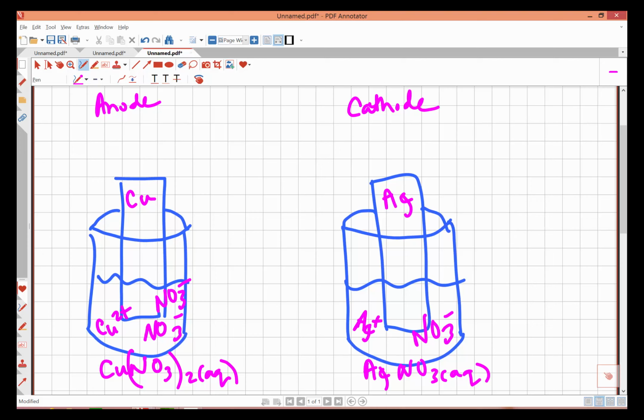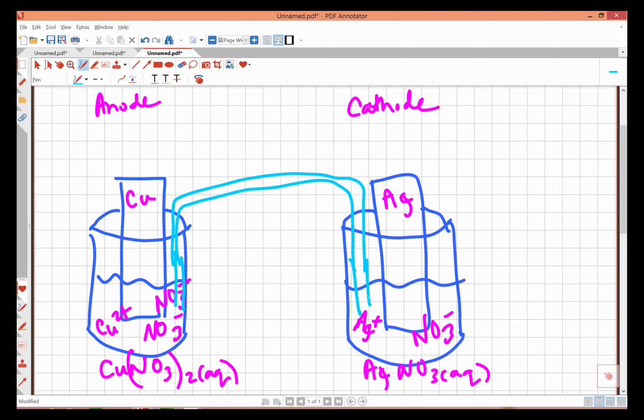All right, we will insert something here that will represent my salt bridge. So your salt bridge, I guess it should connect actually to the solution. What that is, it contains ions that are able to move back and forth.